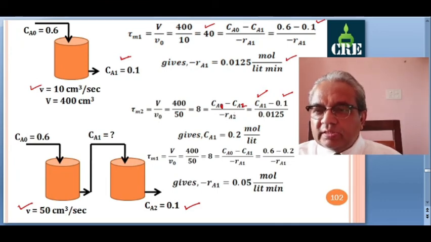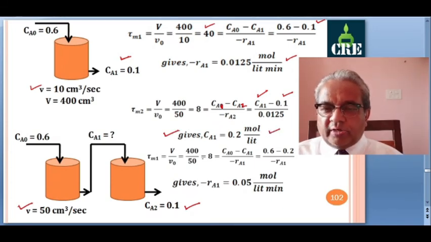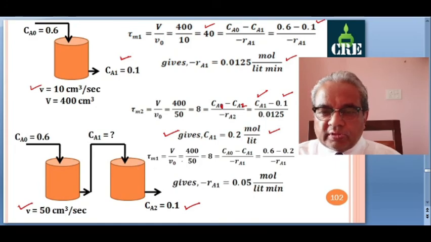So the exit concentration is the same here and here, that means the rate is the same. So from this logic you can find out Ca1, which is unknown, and that is found out as 0.2 moles per liter.